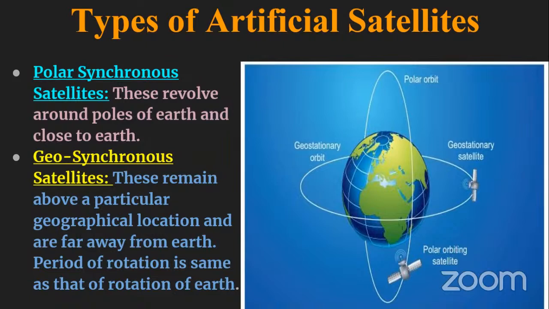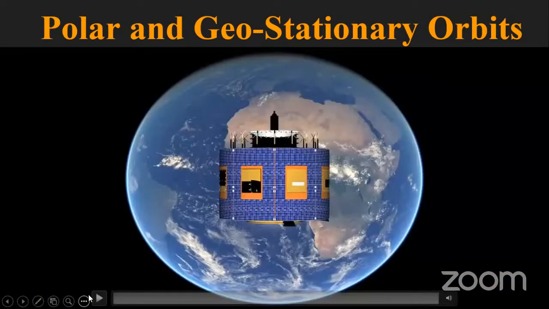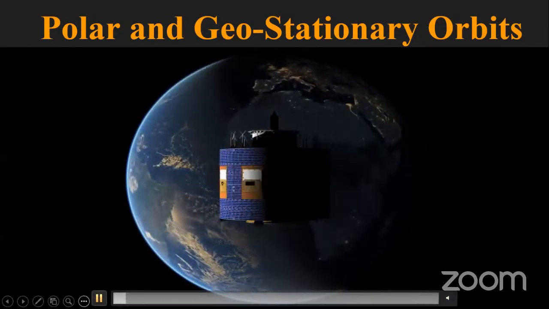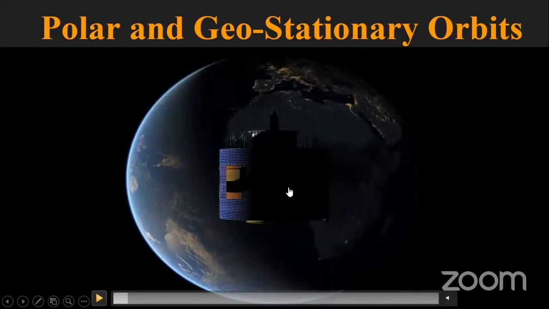The next type of satellites are called geosynchronous. Geo means a geographical location on the globe; the satellite will always remain over one particular geographical location. Let us try to understand with a very good simulation. You will understand this more properly. See here, initially this satellite is on this African continent.